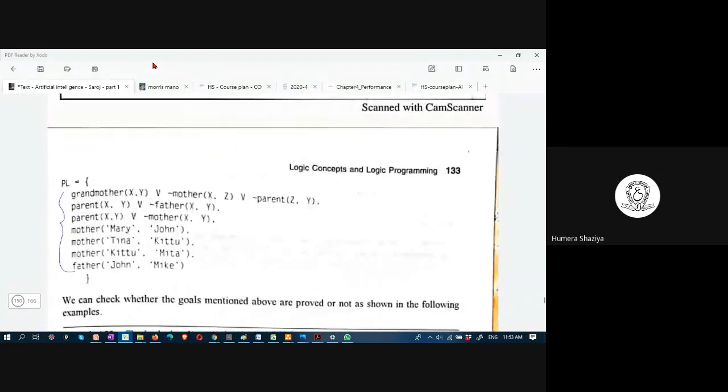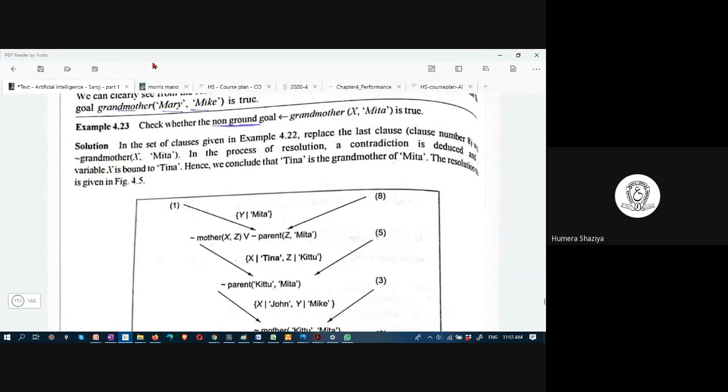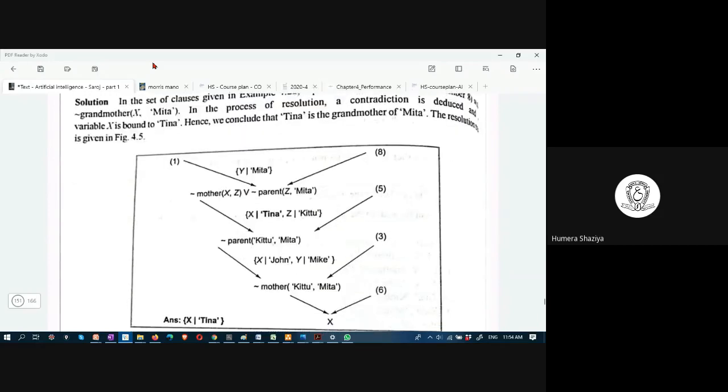Here we have got this program logic, these program logical clauses along with this goal, and this goal is negated because we want to generate this tree through contradiction. Because not grandmother and grandmother get eliminated, we get not mother, not parent, and from here and here mother and not mother would be eliminated, leftover is not parent.